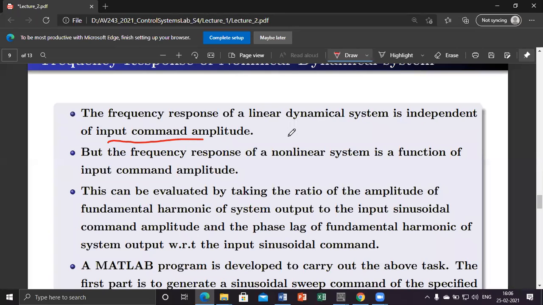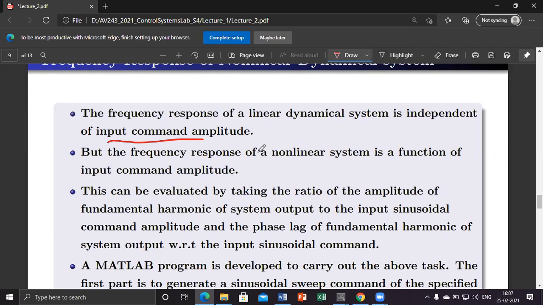In Simulink, if you give a step command of say 1 volt, then 2 volt, 3 volt, in all the cases, if you don't use the nonlinear blocks, the rise time will be the same irrespective of the amplitude.